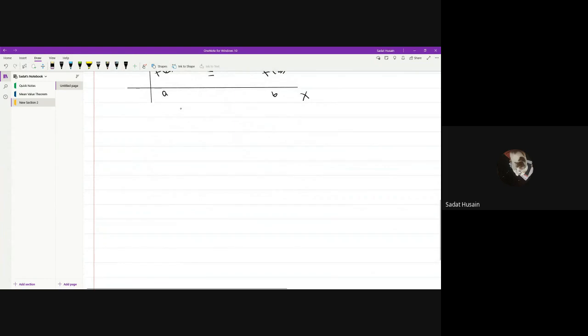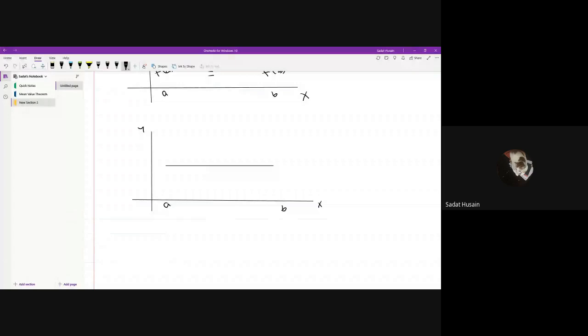If the starting point is the same as the ending point, it could be that the path was a straight line, completely flat. So this is A, this is B, right? It could be like this.